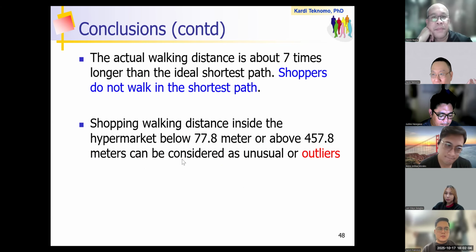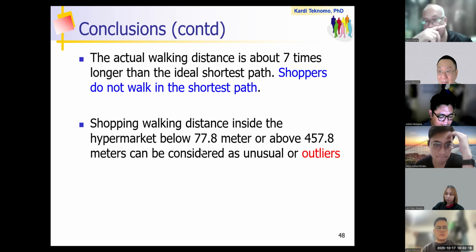The actual walking distance is about 7 times longer than the ideal shortest path. So that means the shoppers do not walk in the shortest path. And if you look at the walking distance inside the hypermart, 78 meters and below, or above 450 meters, this is considered outliers.